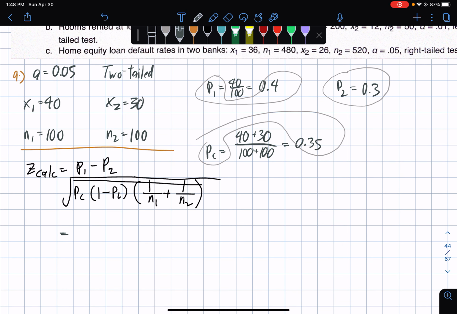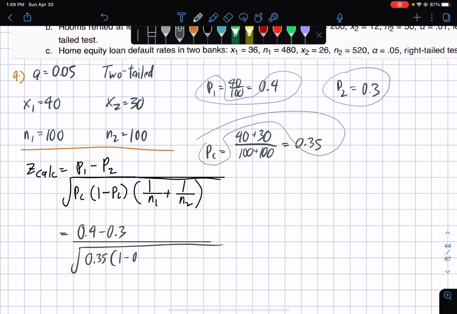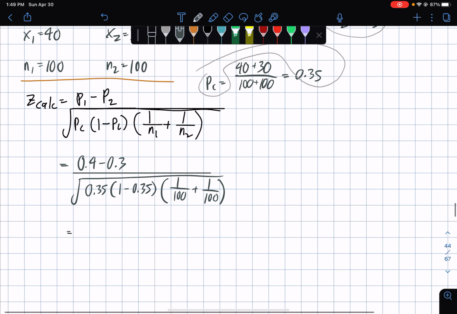Sorry, a radical sign. The answer is 21.978.